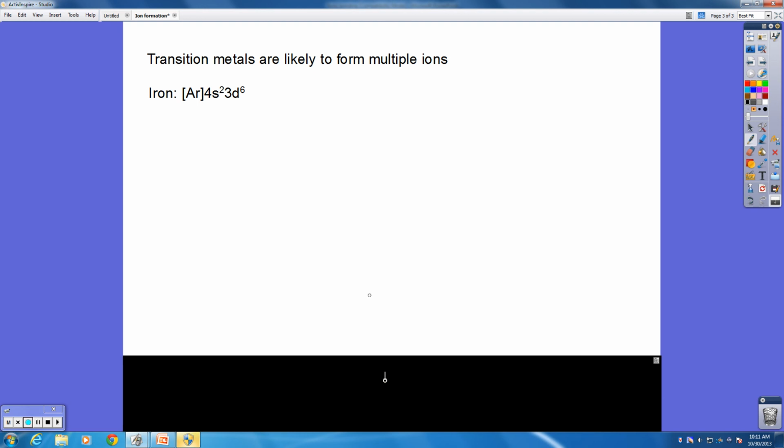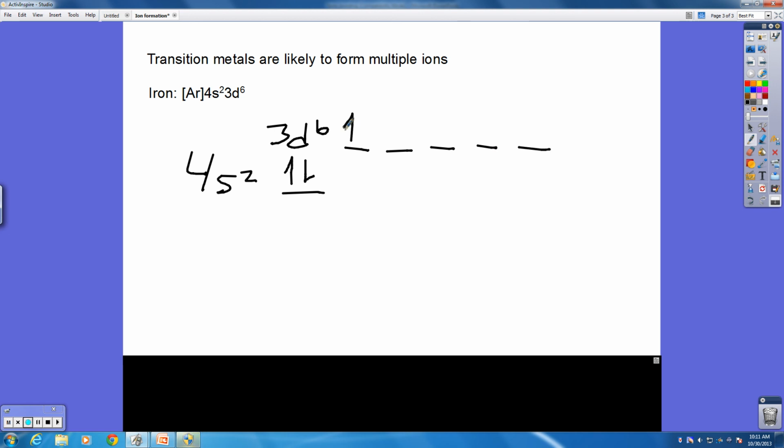So here is our 4s2, and then our 3d6, we've got 1, 2, 3, 4, 5, but there's only 6, so according to Hund's rule, remember, 3, 4, 5, 6. So now, if we look at the highest principal energy level, that's 4s, which means these electrons here are the valence electrons.